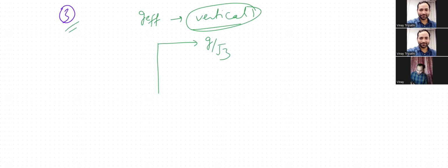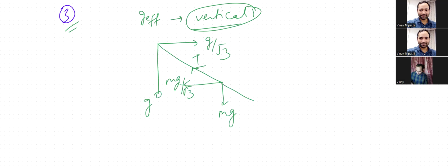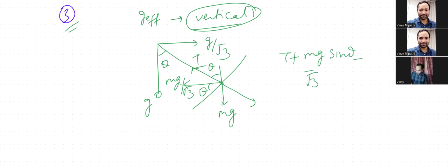Okay. So if you notice, you can draw the free body diagram here. So tension T, pseudo force is going to act here, mg by root 3, and mg is going to act here, mv square by r here, and this is the tangent. Okay. So if this is theta, this is theta, this is theta. So T plus mg sine theta, mg by root 3, is equal to mv square by r plus mg cos theta.